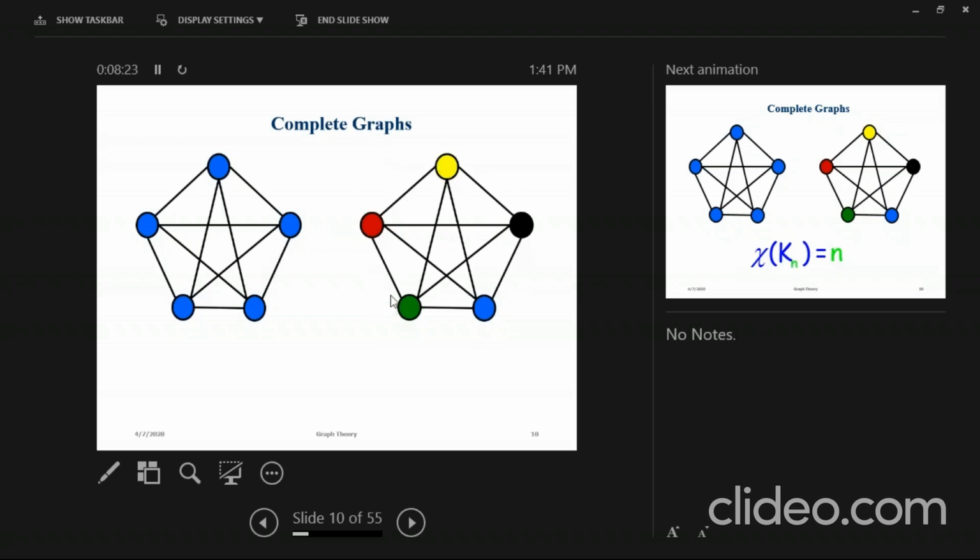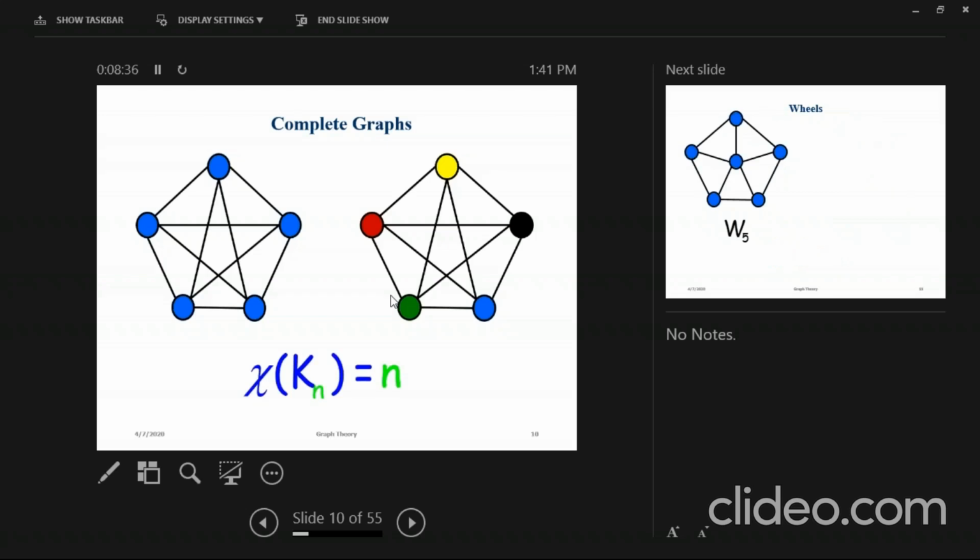That is the reason why we require five separate colors to color this graph. We can read the notation of chromatic number like this: the chromatic number of a complete graph which has n vertices utilizes n colors.